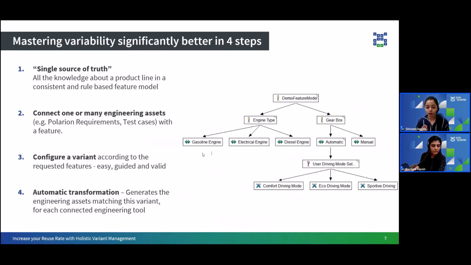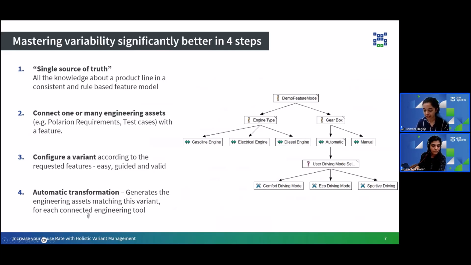Then moving on to the final step. After you've done all this, you need your product variant. Finally, you can trigger the transformation, which does the mapping between the features in the feature model and the corresponding domain assets.